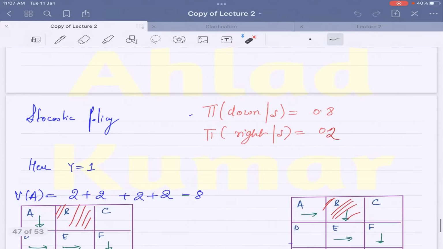But now the important point is that you are following a policy in which, if you take the action to be down, then the probability of that is 0.8. But if you take the action to be right in a given state, then its probability is 0.2.